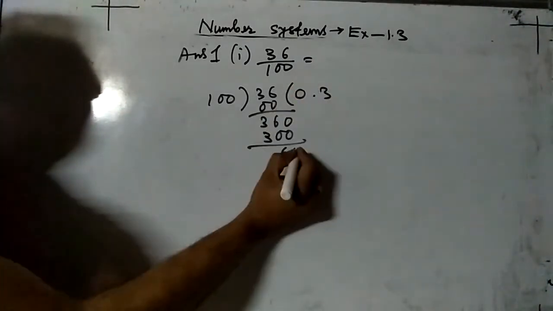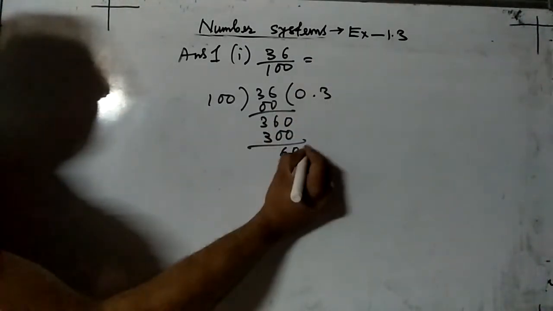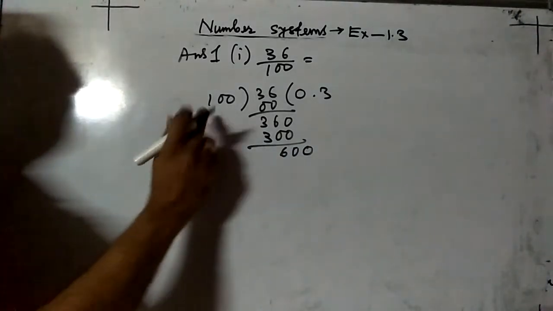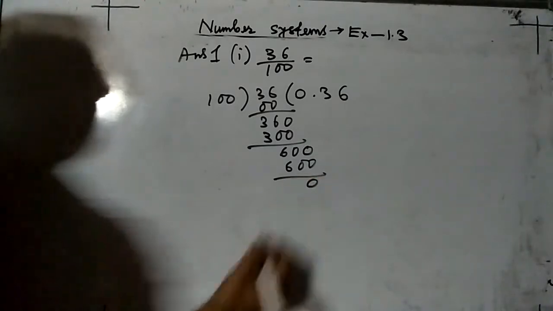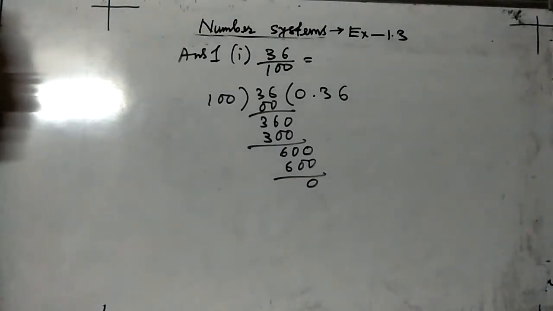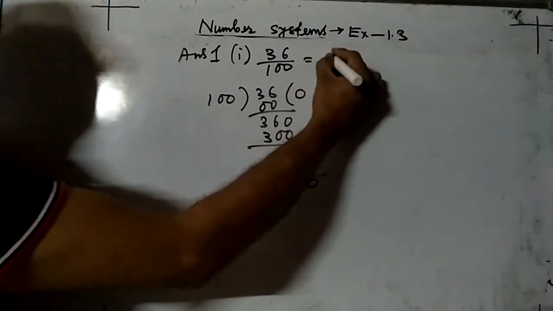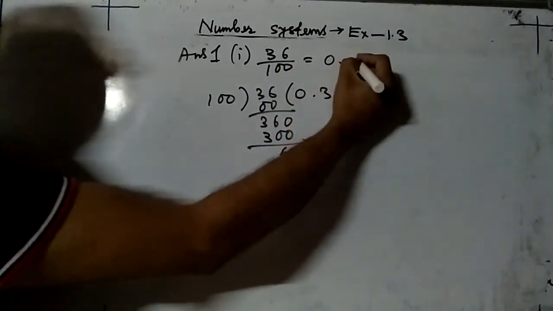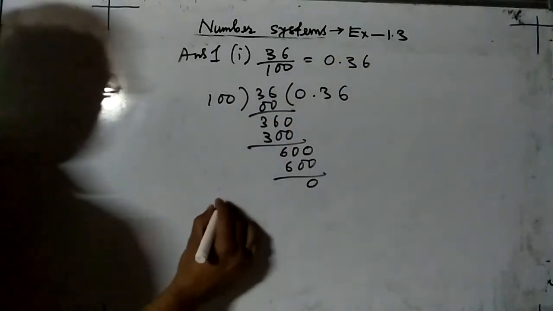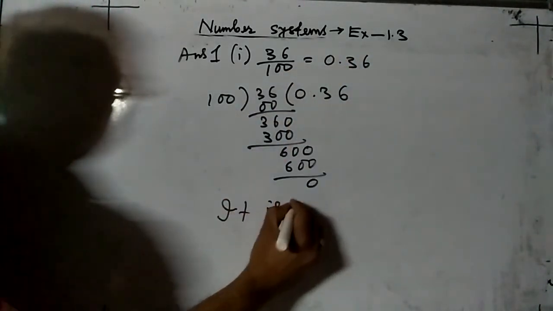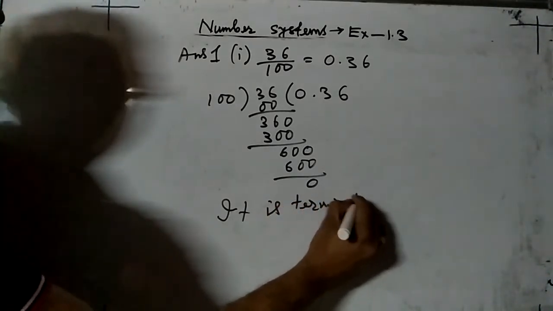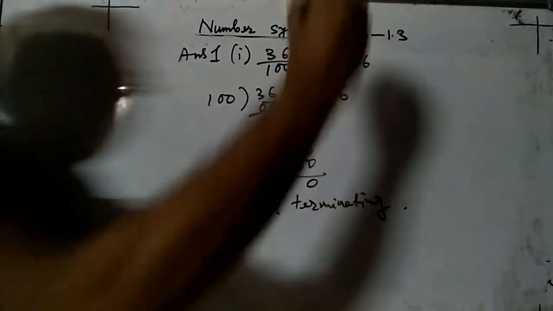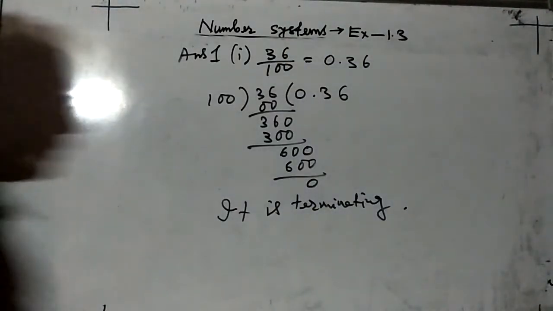Since you have taken a point here, you can take 0 again. Now 100 6s are 600. After subtracting, you will get remainder 0. So it is terminating because the division terminates. Right? So this was the answer.